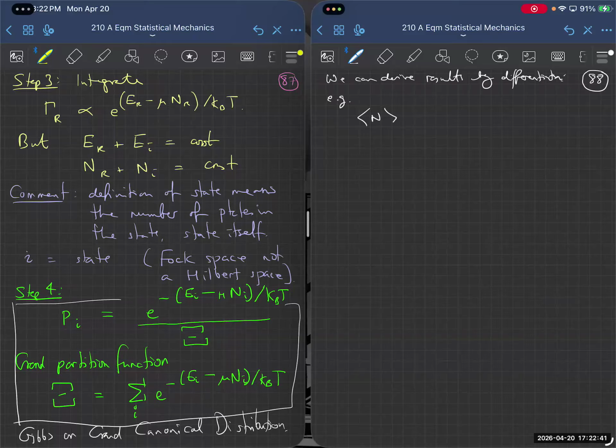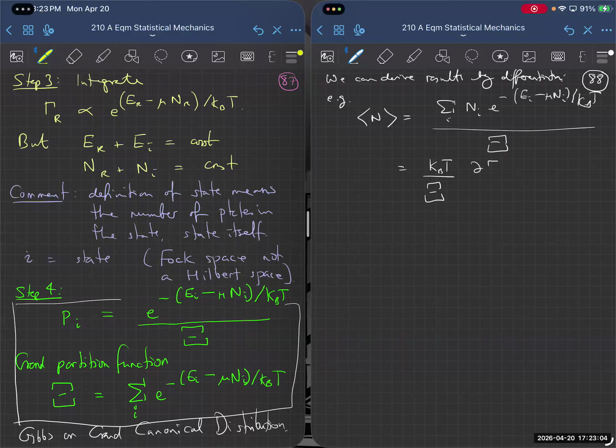The expectation value of N is equal to the sum over I of NI e to the minus (EI minus mu NI) over kBT divided by chi, and that then is equal to kBT over chi times d chi by d mu, and so therefore is equal to kBT d log of chi by d mu. So that's how I get the expectation value of N.